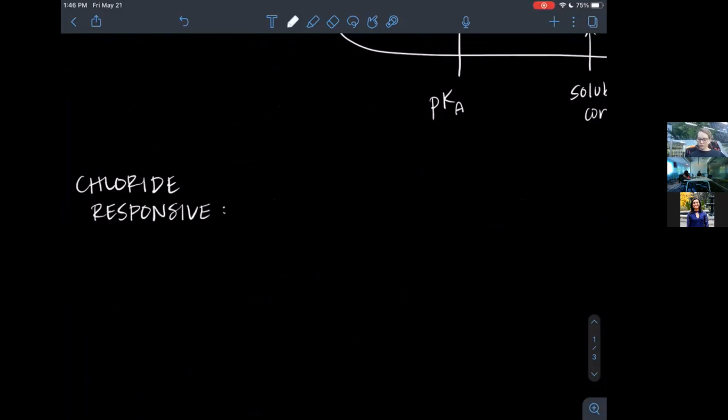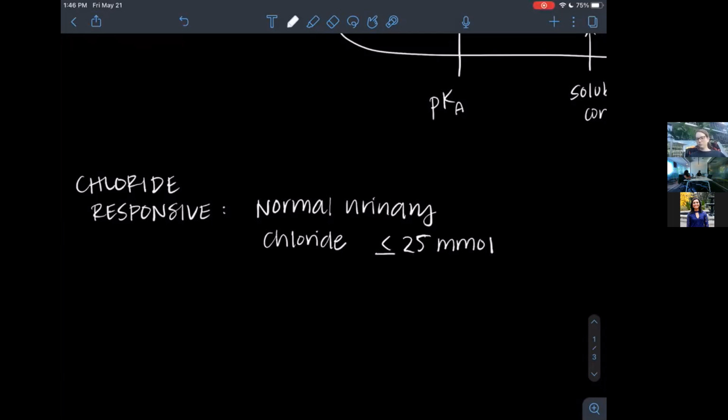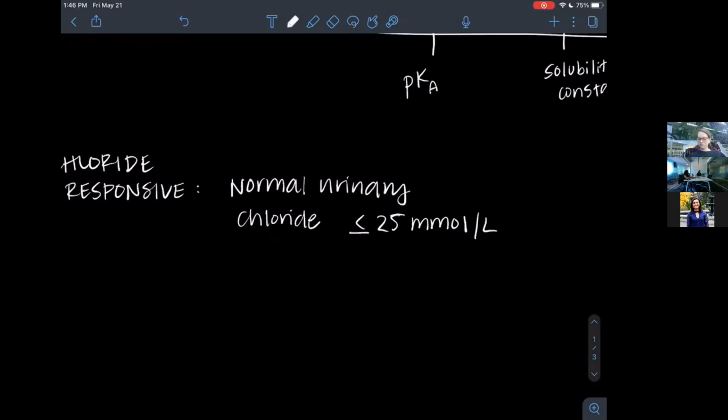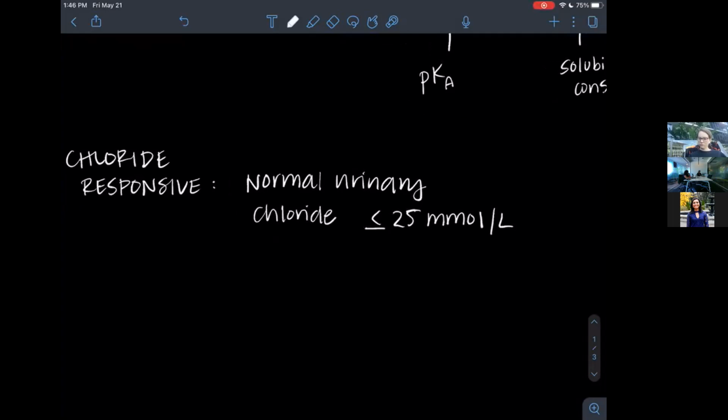Boards doesn't really do it this way. Amboss does it this way, which I think is kind of interesting. Chloride responsive means that there's a normal urinary chloride response, so you're going to see less than 25 millimoles per liter of chloride ions in your urine.